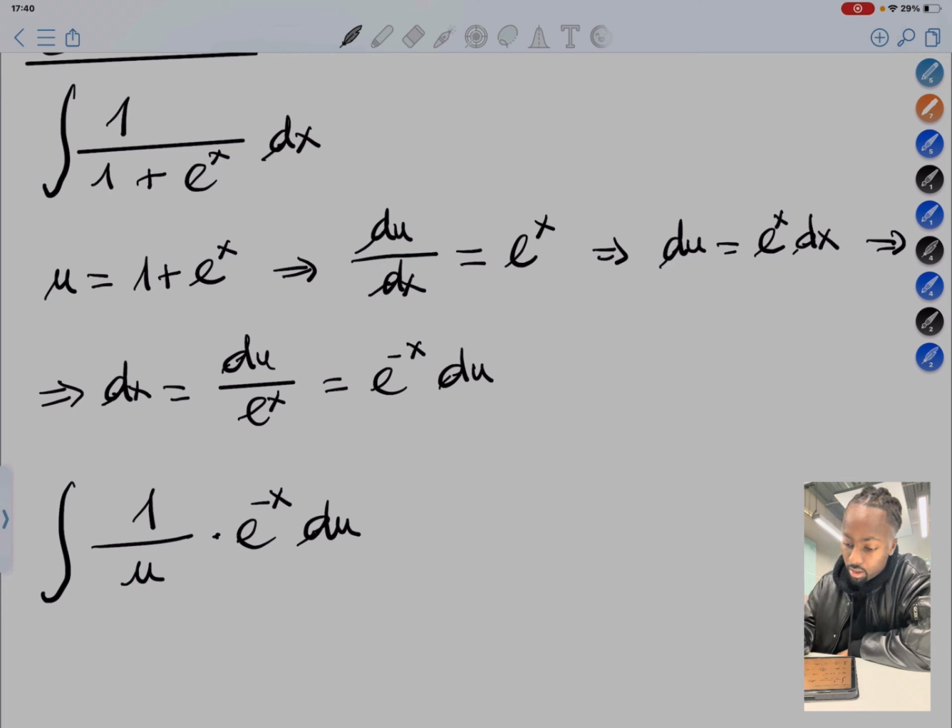But as you can see, our goal was to get rid of x and have only u, but here we have e to the power minus x, so we need to do something else.